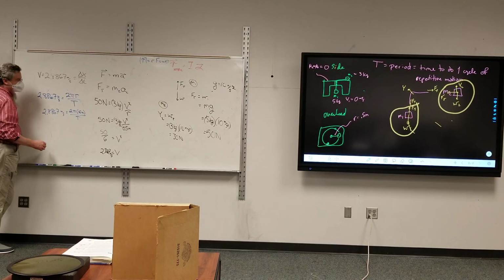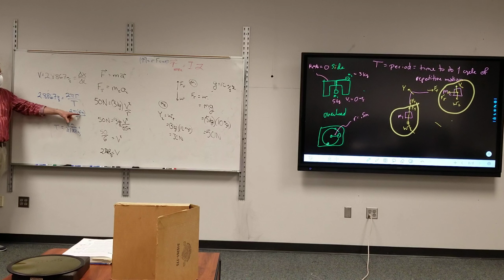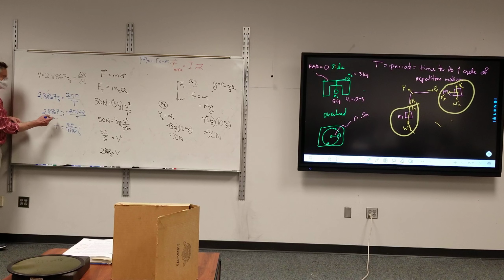And so the period becomes pi divided by 2.8867, meters per second. I did 2 times 0.5, which is 1, that's why it's just pi now. And then I moved the T into 2.8867 across the diagonal.